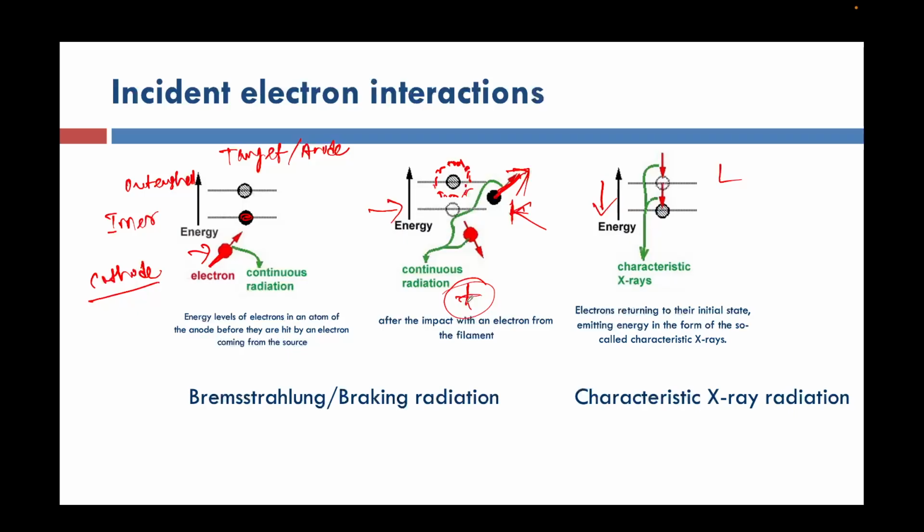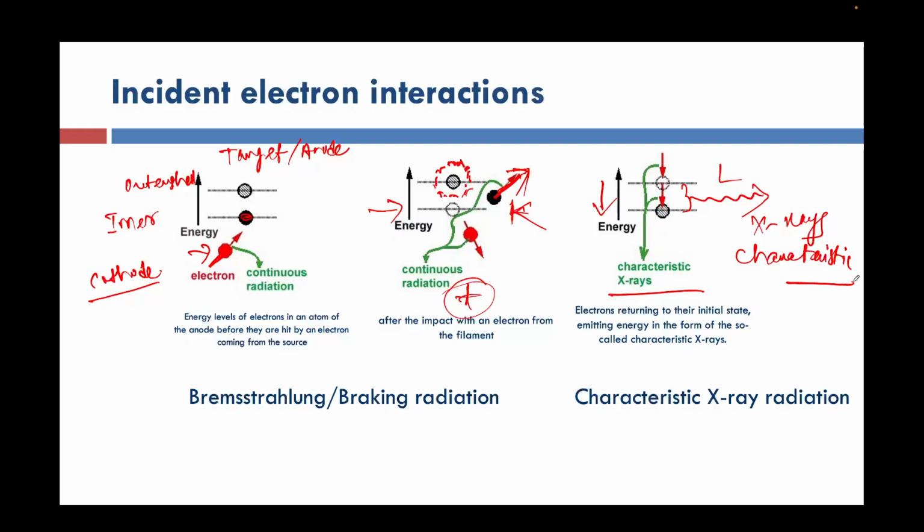So from the L shell to the K shell there will be a jump of the electron, and while this jump happens some energy goes out, and this energy is known as the X-rays, actually the characteristic X-rays, which have been written here. So this is the fundamental of X-ray generation.